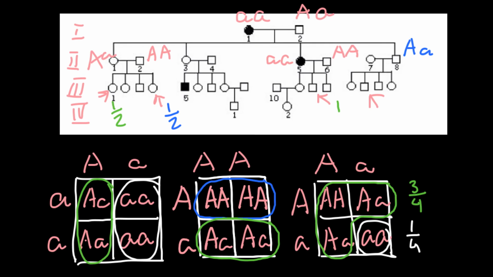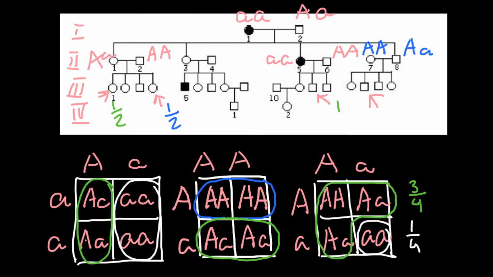And because this couple doesn't have affected children, we have to assume that the genotype of this female is capital A, capital A. Once again, when we have a family where one parent is heterozygous and another one is homozygous dominant, 50% of their progeny would be carriers and 50% would be homozygous dominant.